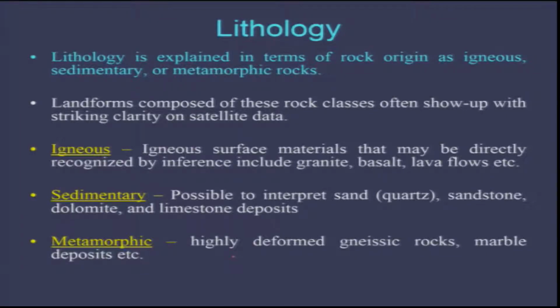Basically the metamorphics are highly deformed rocks, and some we can easily pick up are gneissic rocks and marble. These deposits or rock successions, if they exist in any area, can be easily picked up. We emphasize tonal and texture variations because we are not going physically to the field, but using high resolution satellite data for identifying the terrain or the rock types.